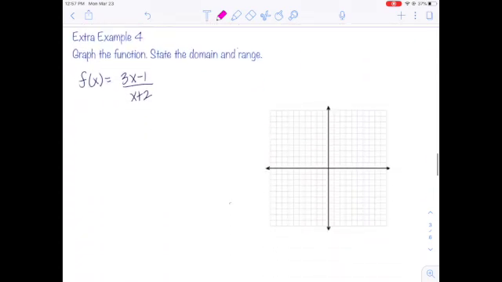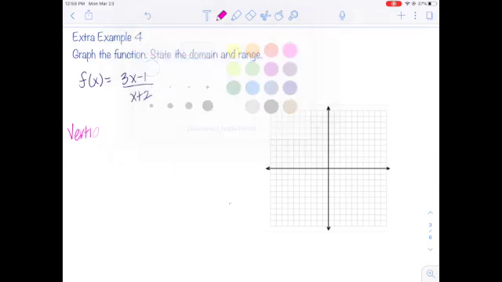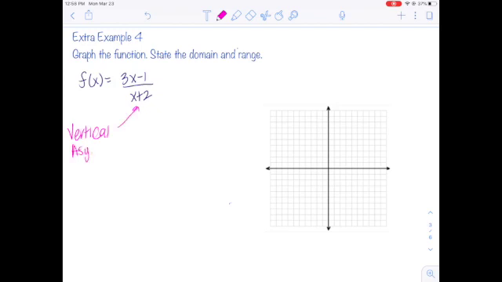So let's do one more quick example about this form. When you graph this function, we don't have to rewrite it. You can rewrite it, you don't have to, because all you need is your vertical asymptote, which is when the function is undefined.